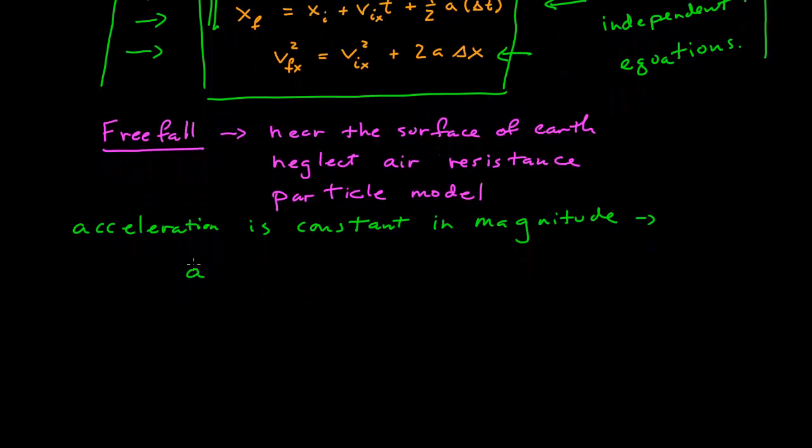Under these conditions, I'm going to have an acceleration, which is a vector. It may be a function of time, but in this case, the magnitude is constant, and its direction is toward the center of Earth.